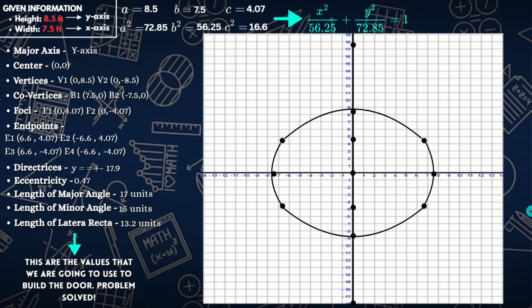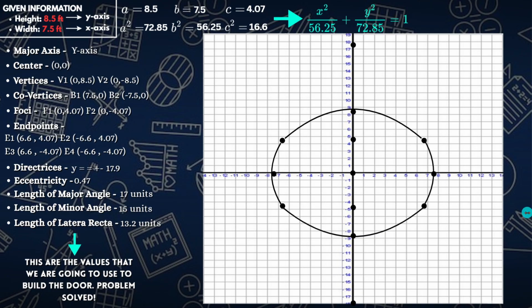As you can see, the graphing paper is very much corrupted, because in the graph it looks like an x-axis major angle. But keep in mind that I just used the Google graphing paper, which has the most numbers that I could find.